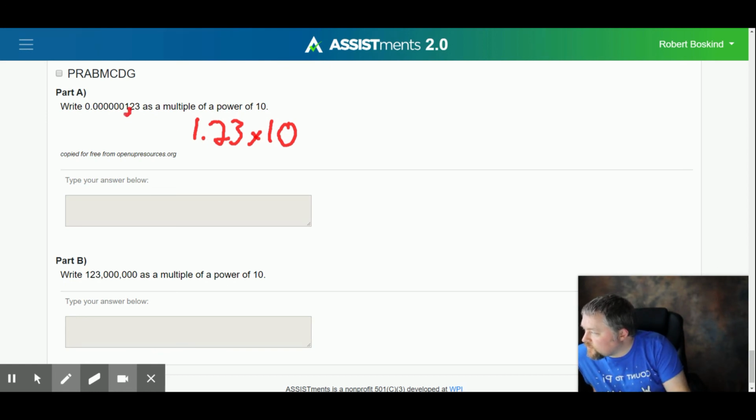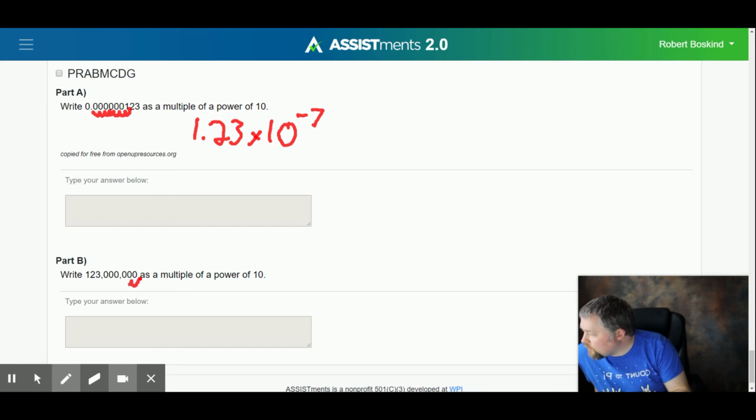Where would our decimal point have to move? That looks like 7 spots. To put our decimal point where I put it, we're making it a teeny tiny number, so we're going to use a negative exponent.